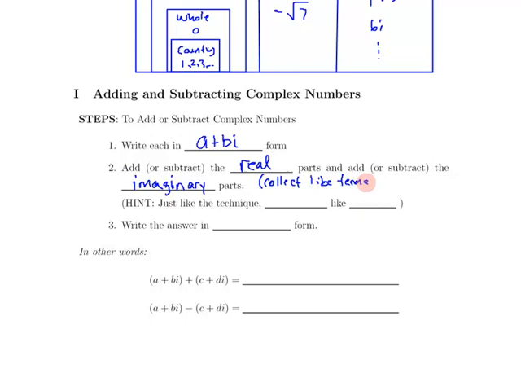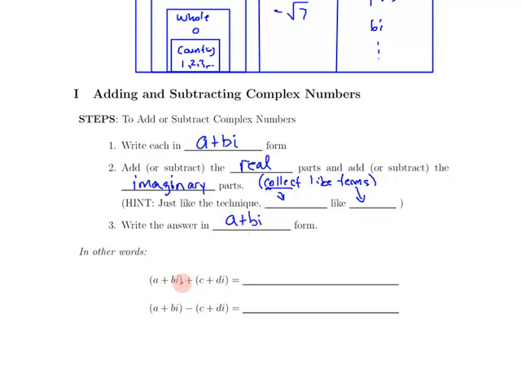If you think of i as a variable, even though it's actually a constant, then it's really just collecting like terms like you do with polynomials. Okay? Collect like terms. All right, then you write the answer back in that final form, the standard form.